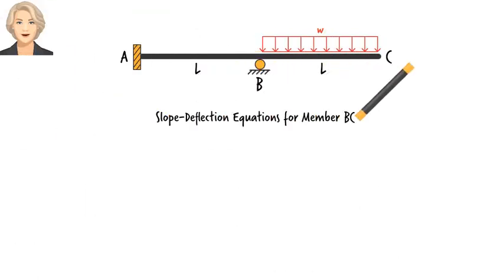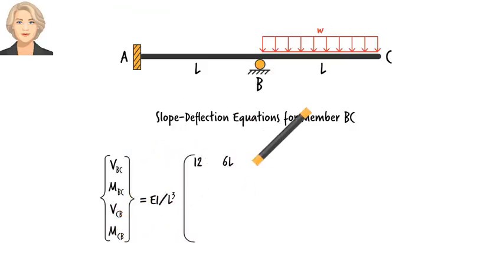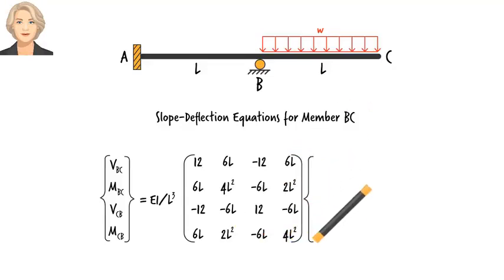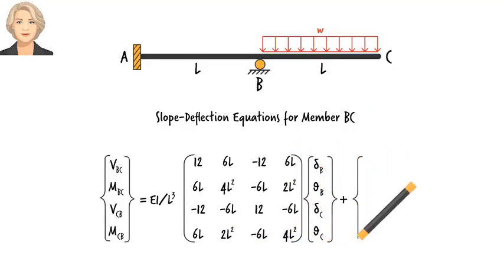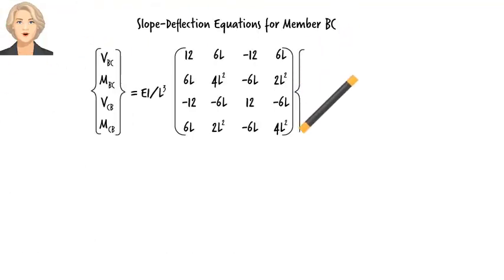For member BC, we can write, since delta B, vertical displacement at B, equals 0, we can rewrite the equations as.